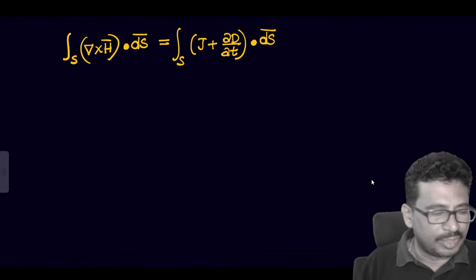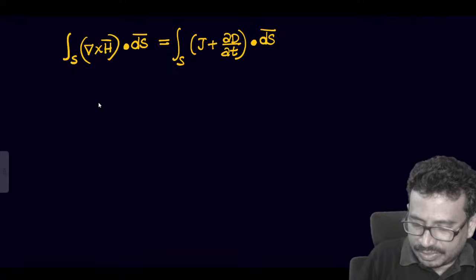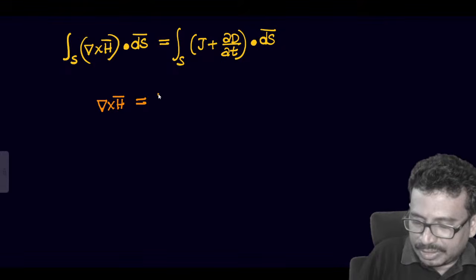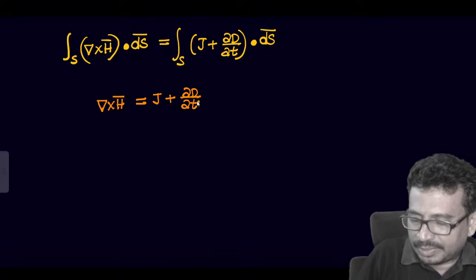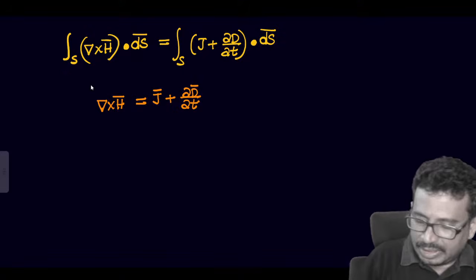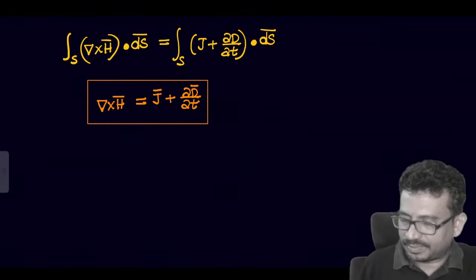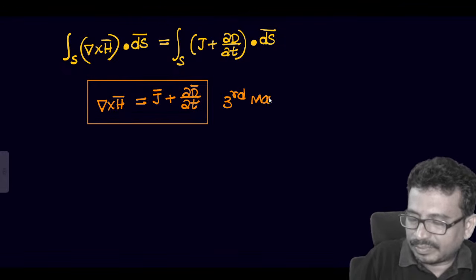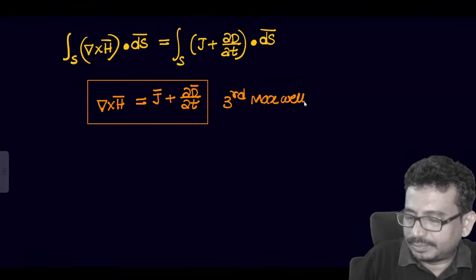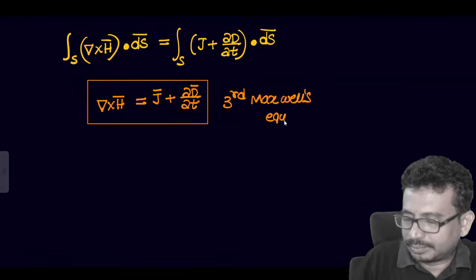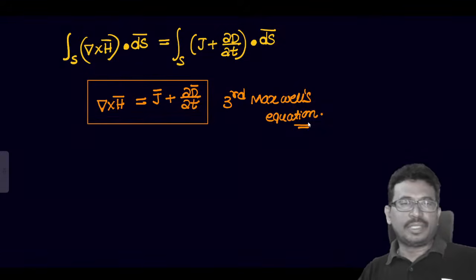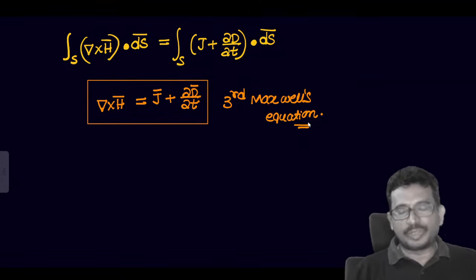Equating the corresponding functions, del cross H is equal to J plus dou D by dou t. This is the third Maxwell's equation.